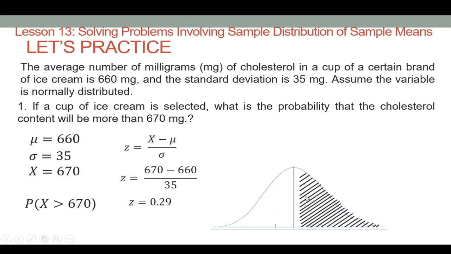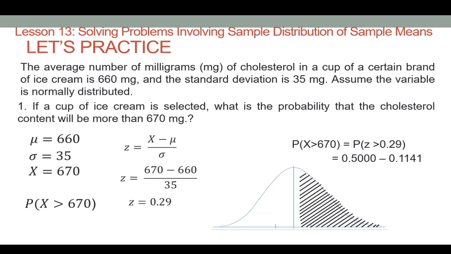Ngayong nakuha na natin to, all you have to do now is to solve this area. Paano natin siya isosolve? Again, analysis. Since itong shaded area does not overlap the mean, it means isusubtract natin yung area ng 0.29 sa 0.5. Very good. So, by doing so, area ng 0.29 is 0.1141.